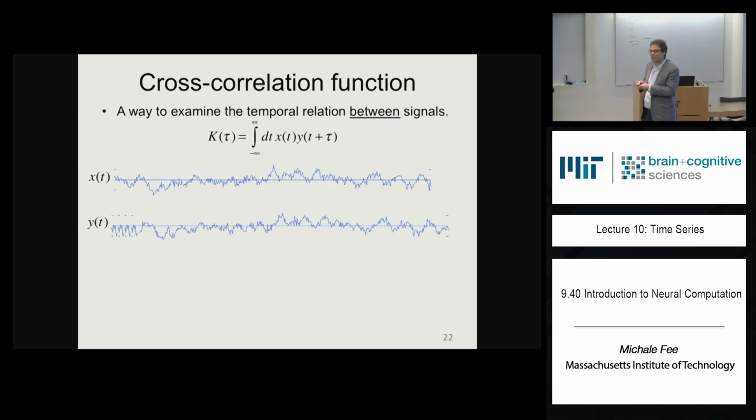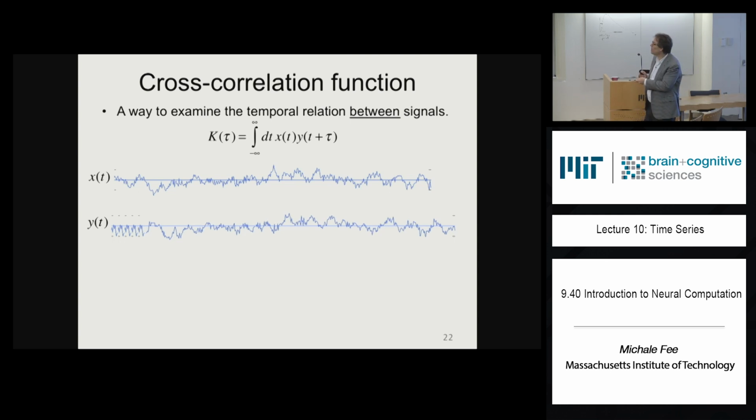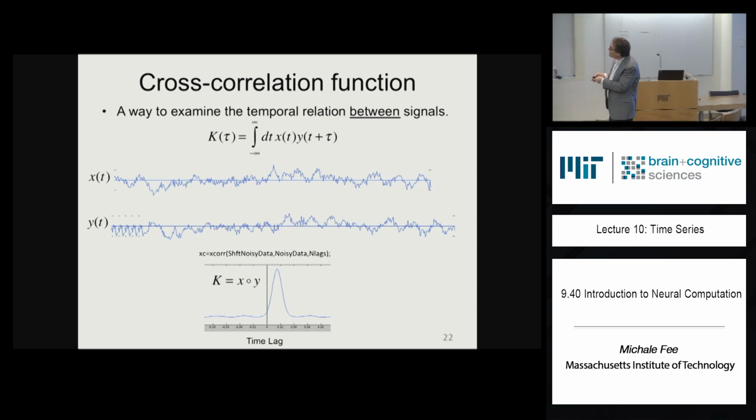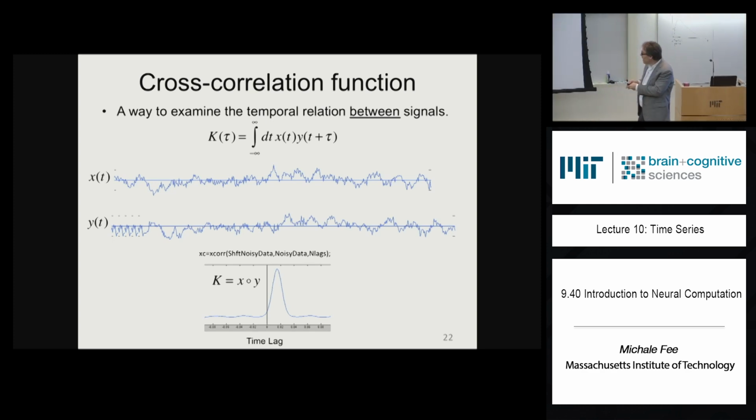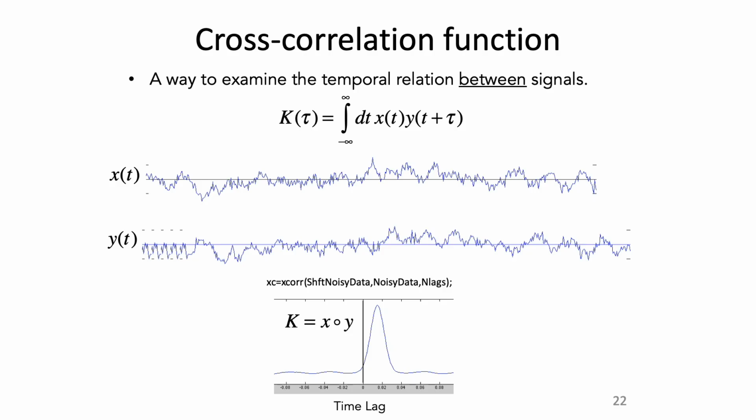And when you multiply them together, you're going to get the maximum positive contribution, right? Those signals are going to be maximally overlapped at a particular shift tau, okay? And when you get that function k of tau, you're going to have a peak at that lag that corresponds to where those signals are maximally overlapped.